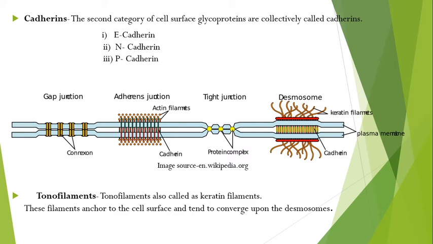These are a complex class of intermediate filaments which consist of prekeratin or cytokeratin. Prekeratin, that means the primitive internal part, is the cytokeratin. These filaments anchor to the cell surface and tend to converge upon the desmosomes.